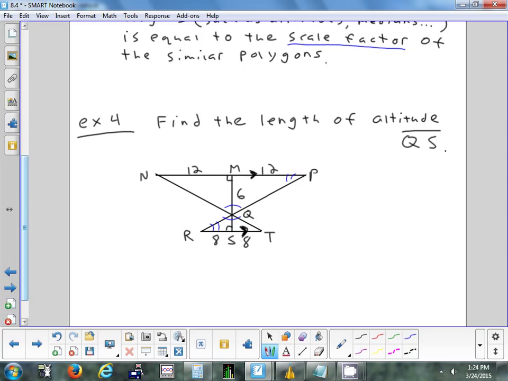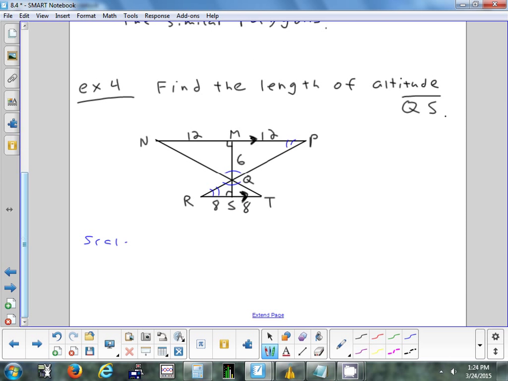Okay, can you explain how you got 3 to 2? As I took the 6 and I said 12 over 6 equals 8 over x instead of that. All right, so for scale factor, you're just going to compare two numbers. Like you said, the 3 to 2.